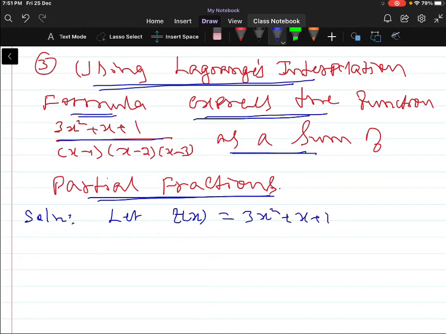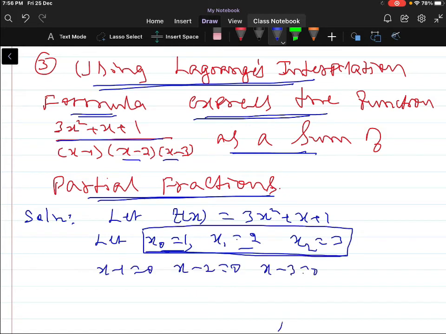Let us take f of x, the numerator function, as 3x square plus x plus 1, and define the values of x here. Let x0 equal 1, x1 equal 2, and x2 equal 3.